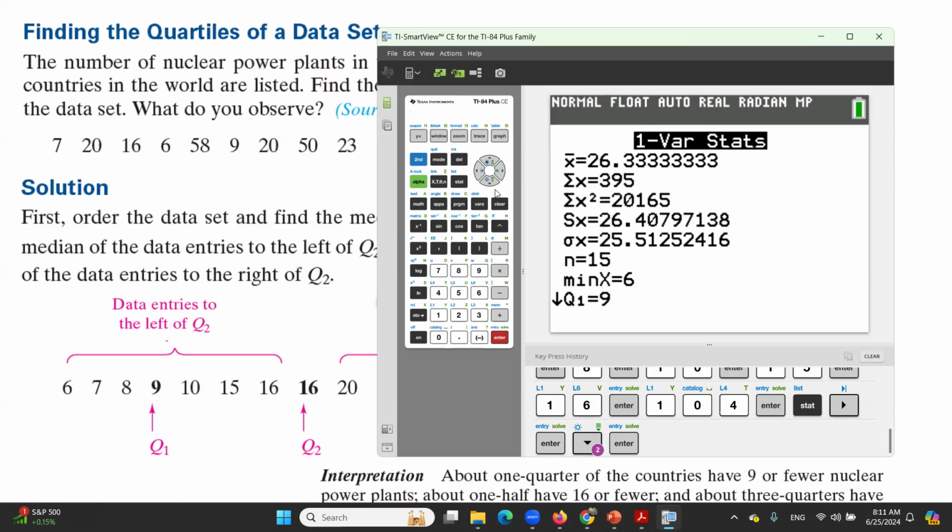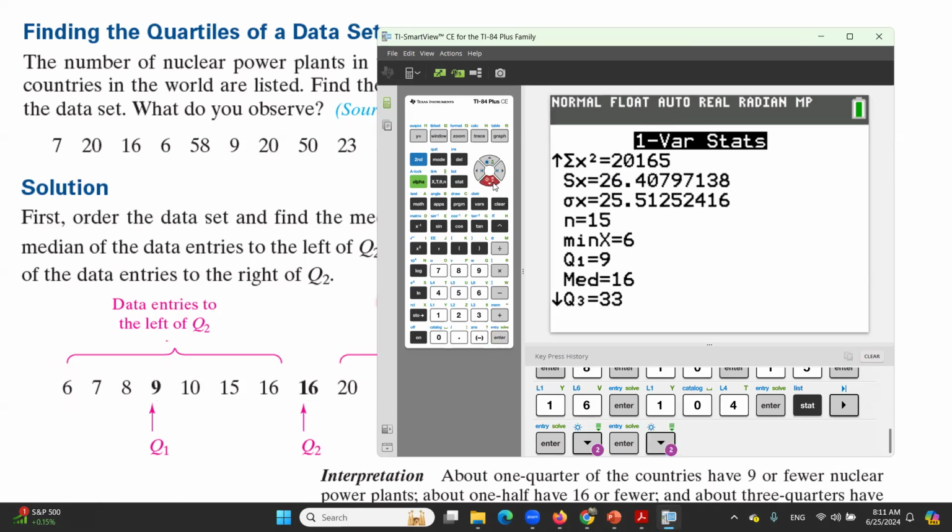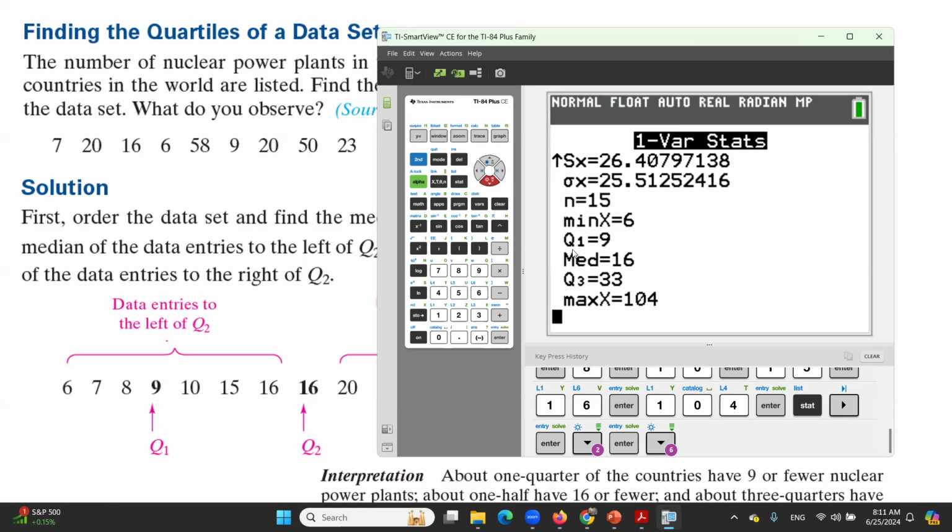Now, I'm going to use the arrow key to go to the next page. We have more information here. Q sub 1 is 9. The first quartile is 9, which is verified by what we did on paper. The median, or the second quartile, is 16.